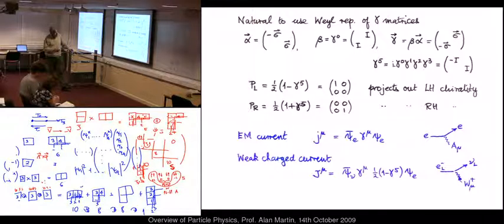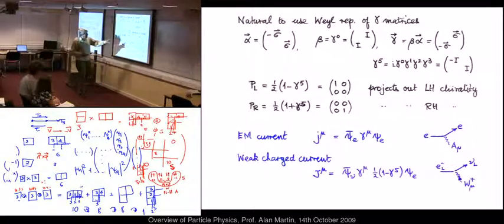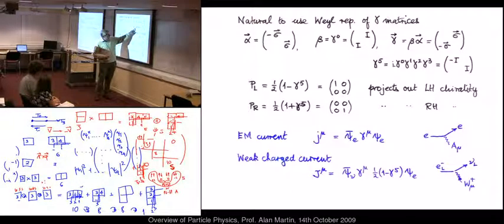Then, if we work out what the betas, alphas and gammas would be, they come to be this. But the interesting one is gamma 5, the product of those three. If you take that product, it becomes minus I and I, the unit. This is a 2 by 2 matrix.